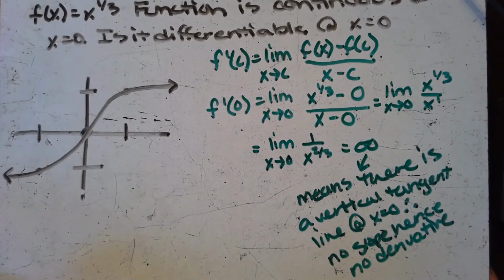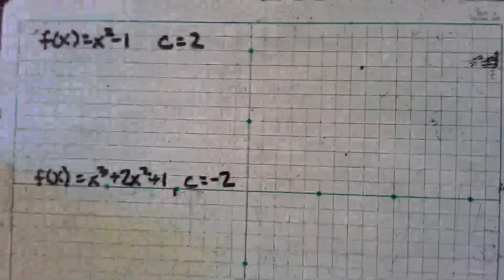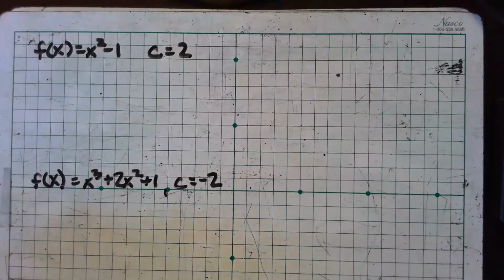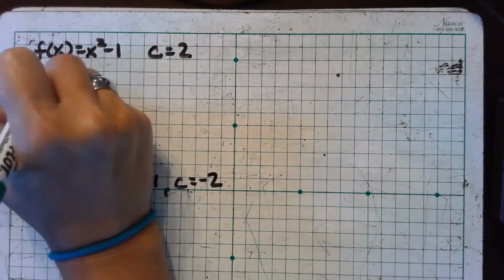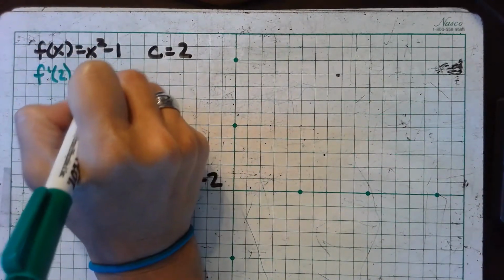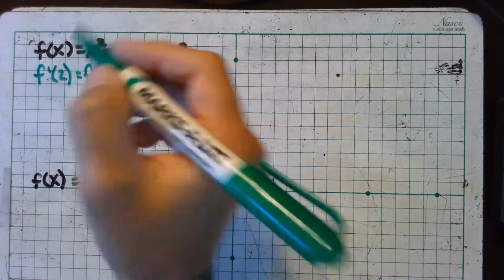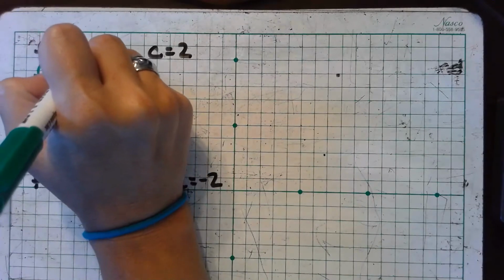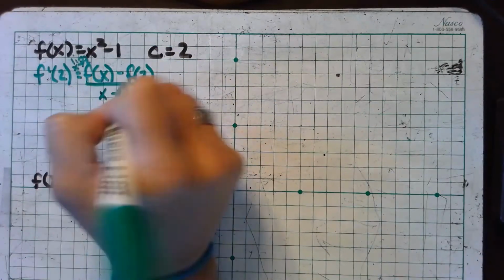All right. So let's do this again at these values. We're going to do f prime of 2. What we're doing is saying f of x minus f of 2, and I meant to put the limit as x goes to 2 of x minus 2.